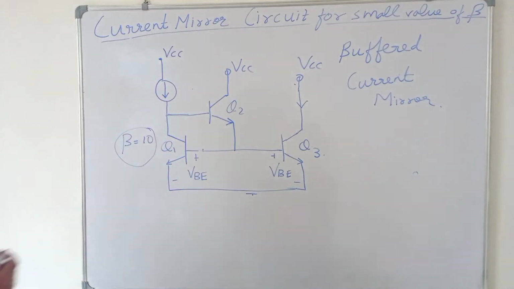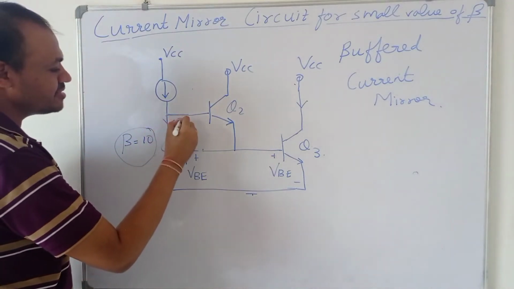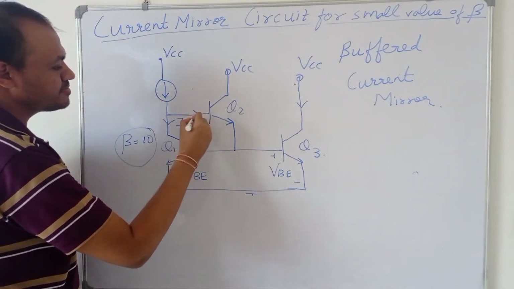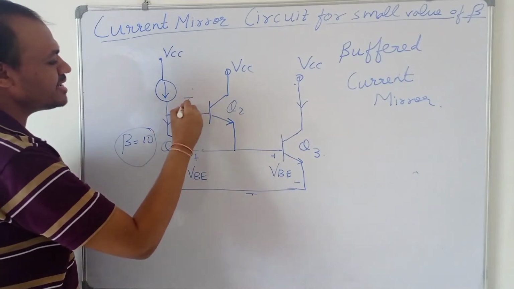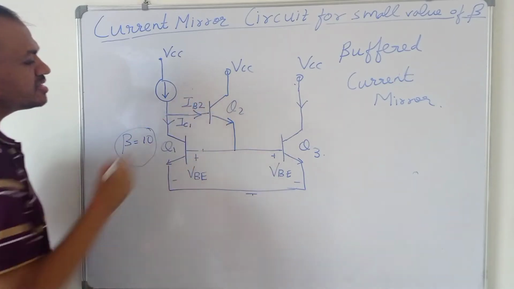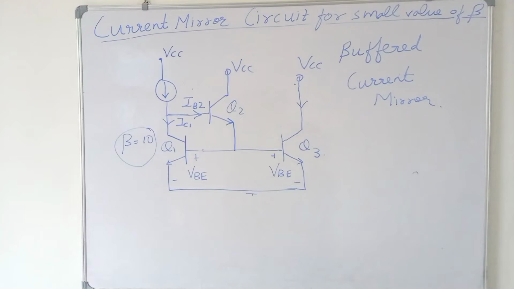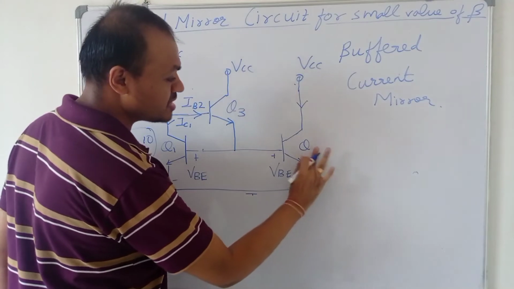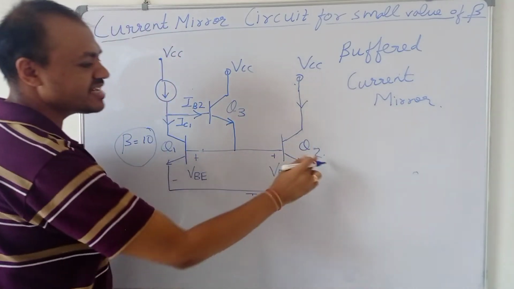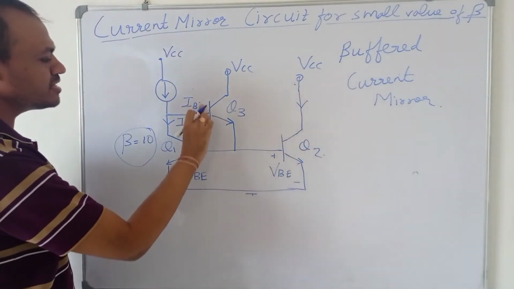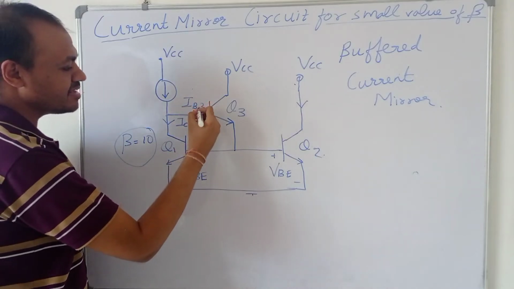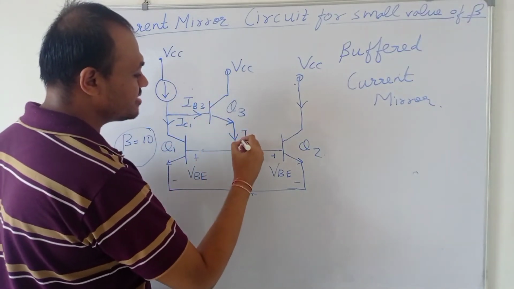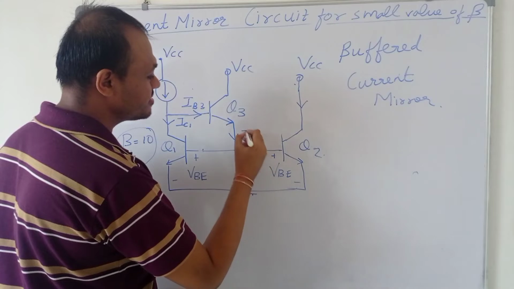Okay, so suppose this is IC1, this is IB2. Or let's take it as Q3 only, because originally this transistor was Q1, this transistor was Q2, so I am taking this as Q3. So this is IB3 and this is IE3.